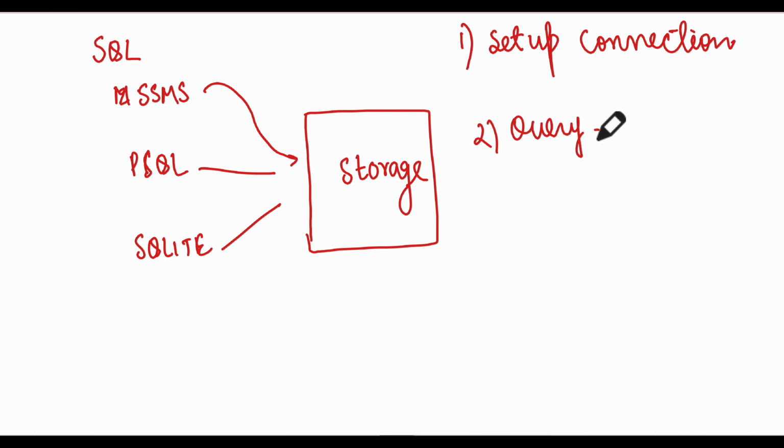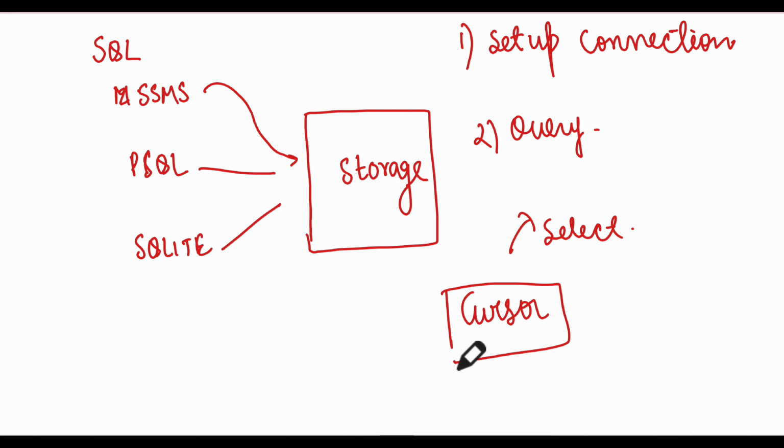These queries, although the statements remain the same, for example select star from this, use the concept of cursors. I will not be able to cover cursors in this course, because a cursor is something specific to SQL, it doesn't come in Python. Basically you create a cursor, through which you are able to get whatever you want. So that's what the architecture of connecting to and extracting data from any SQL database looks like.